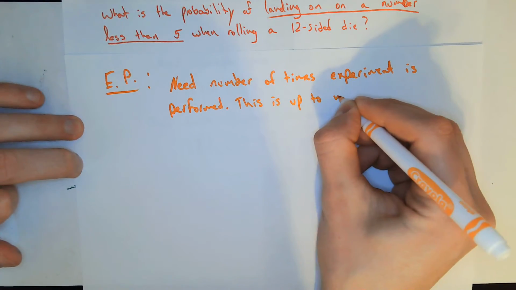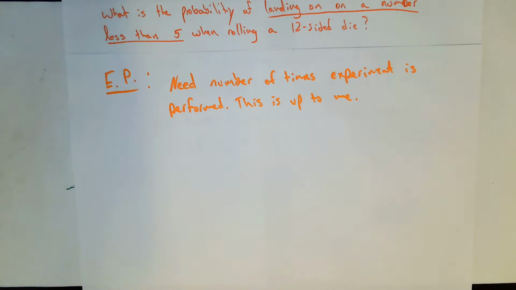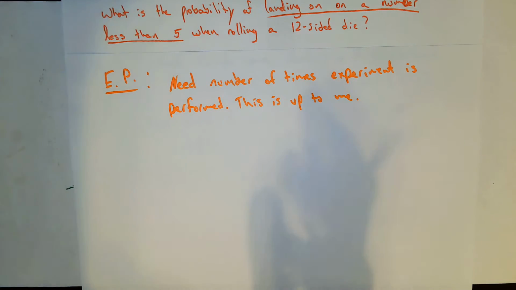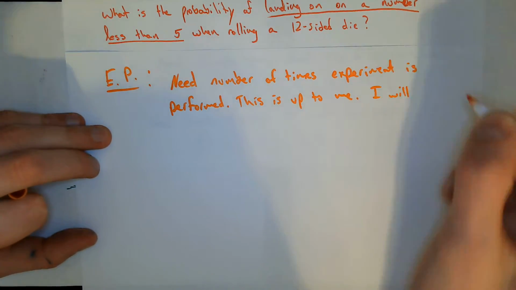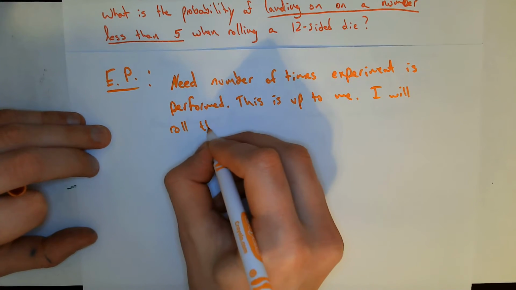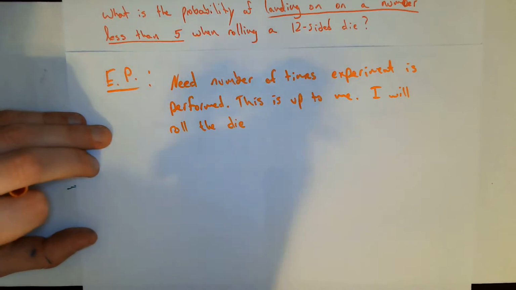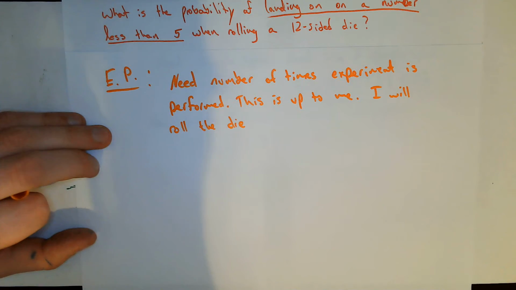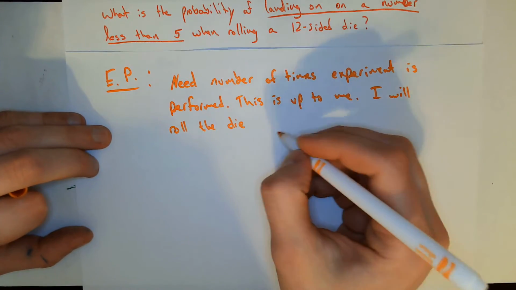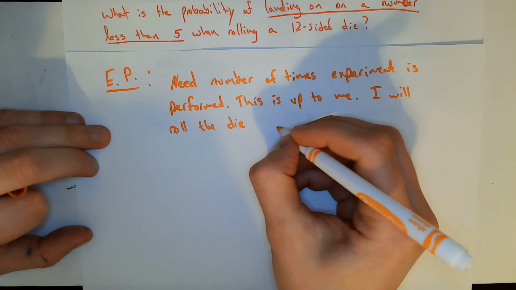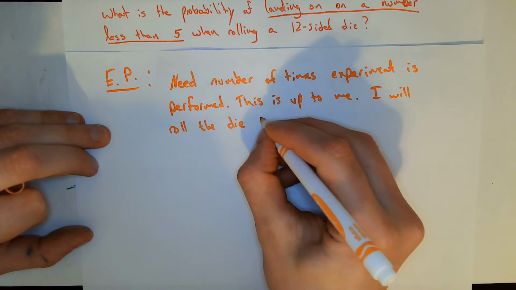Now, how many times should I do it? Well, that's a good question. The more the better. But just for the sake of what we're doing here, I will roll the die 30 times.